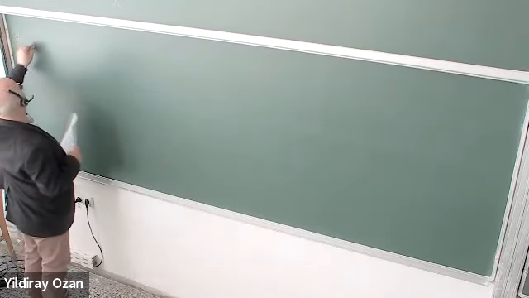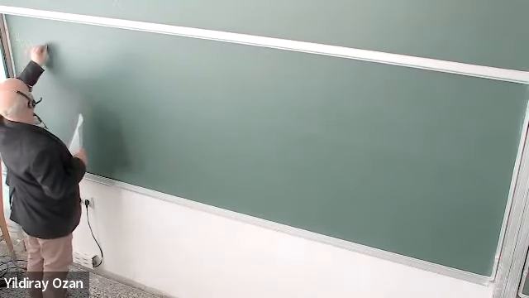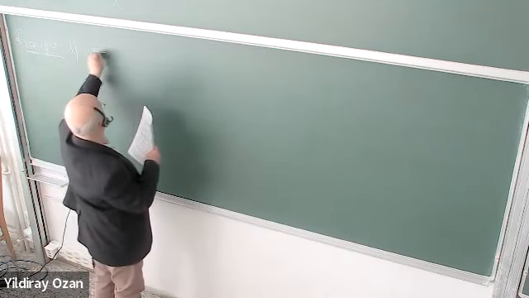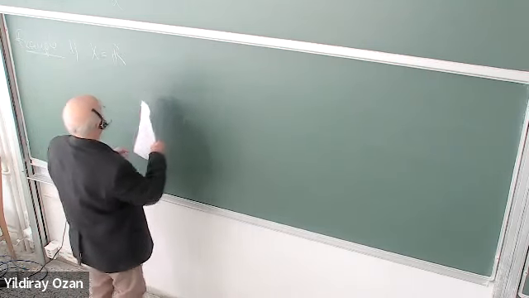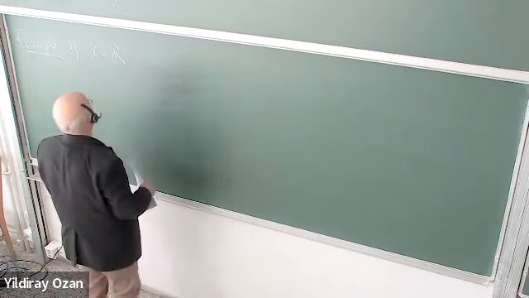So, for example, on R we have the so-called standard topology. We call it tau standard. It is the following one. So I have to tell you what the elements of this collection are, right? What are the open sets?